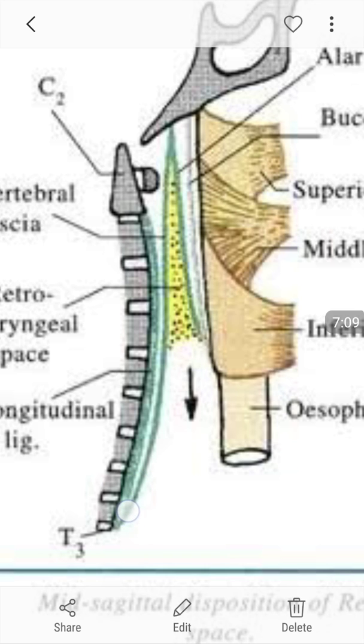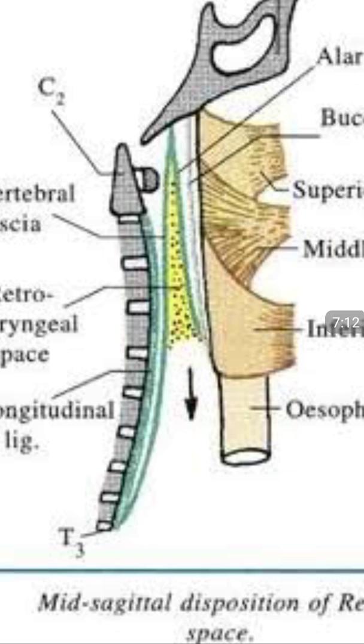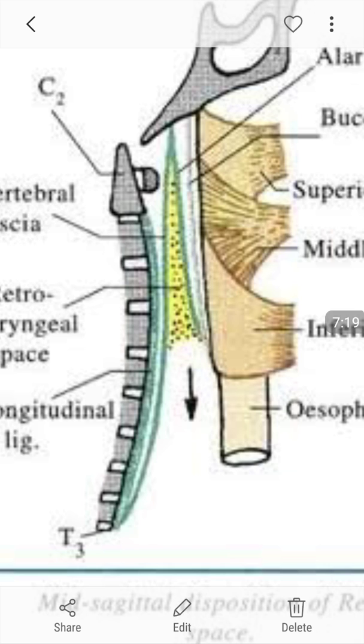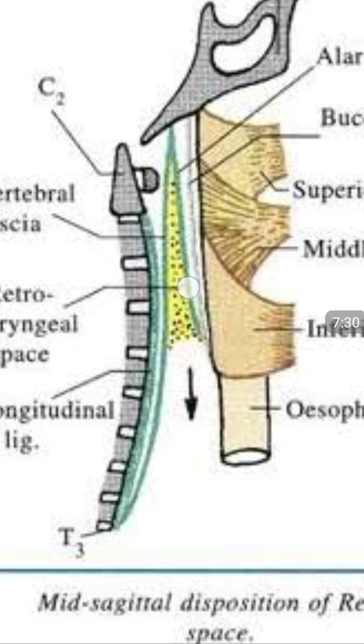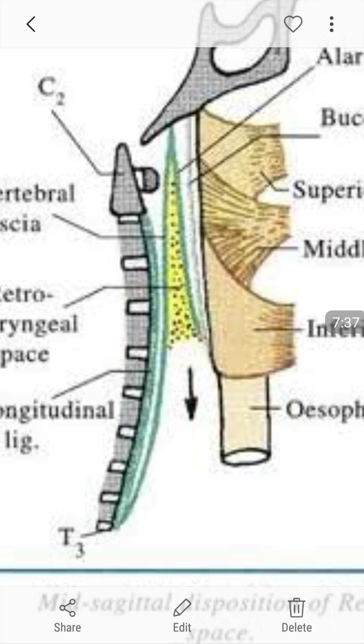It cannot go further beyond this point, as these two layers merge to each other at T3 level. Whereas this area between the alar fascia and the prevertebral layer, this yellow area, is actually the retropharyngeal space, which is called the dangerous space, because inferiorly there is nothing to limit the infection. So that's why infection here can spread as far as the mediastinum.